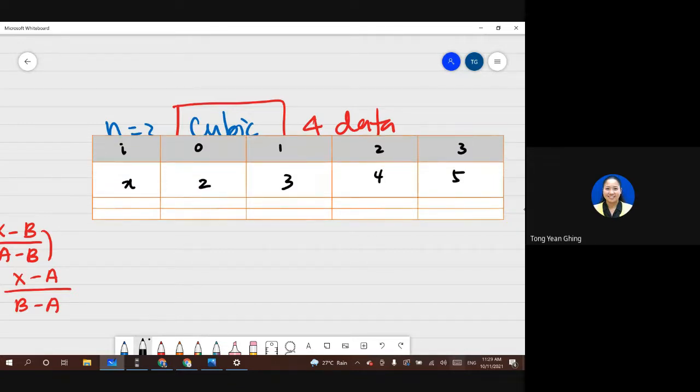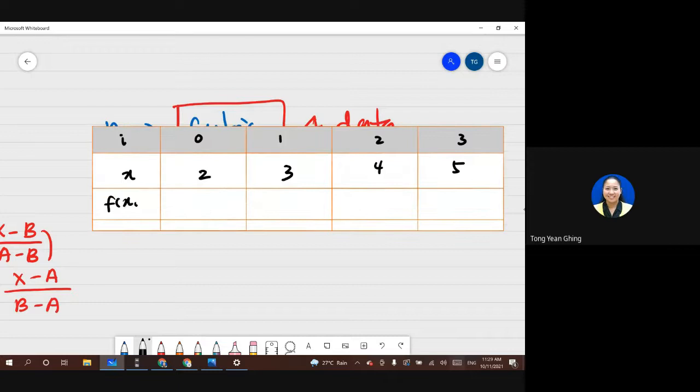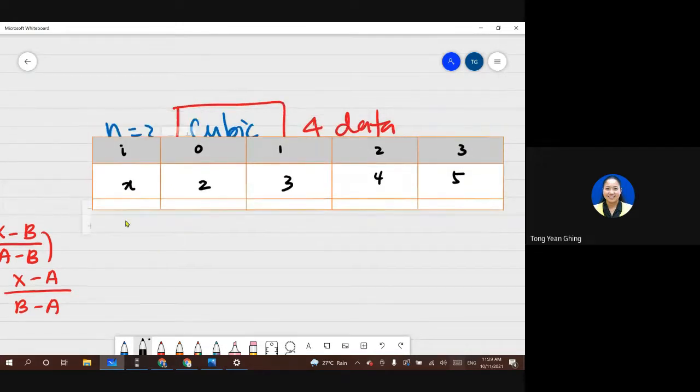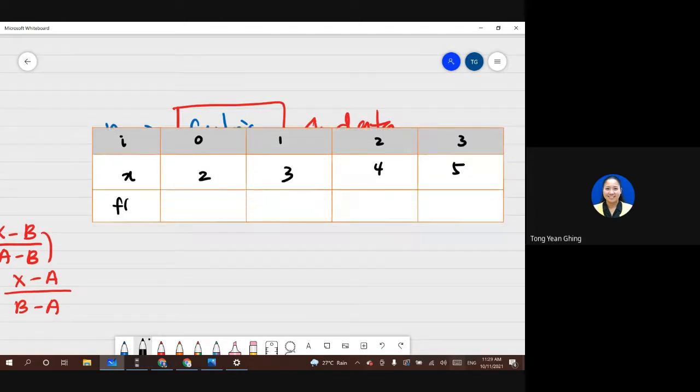And then I have f of xi. So the values are 0.5, 0.3333, and then 0.25, 0.2.